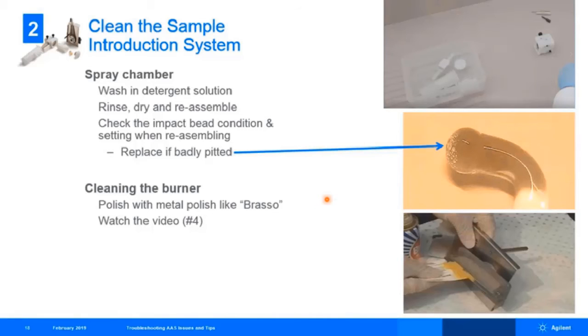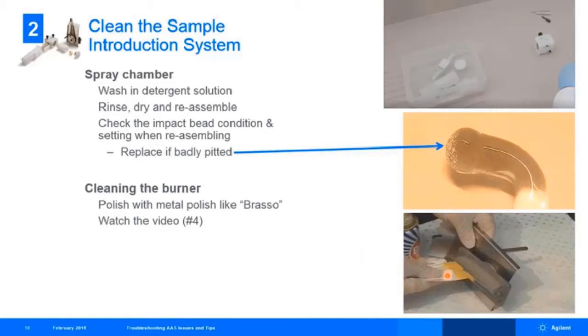The other area where users struggle is when they need to clean the burner. We recommend polishing the burner, and particularly the inside of the burner slot, with a metal polish. We typically use Brasso, which is a liquid metal polish suitable for polishing brass. But if that's not available in your area, then another suitable polish like that should work equally well.